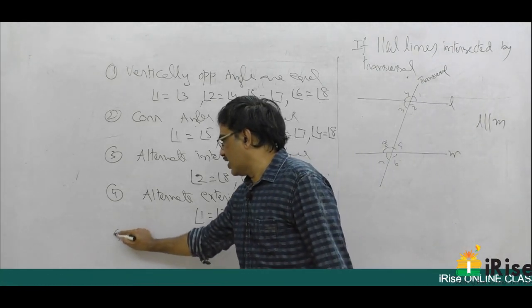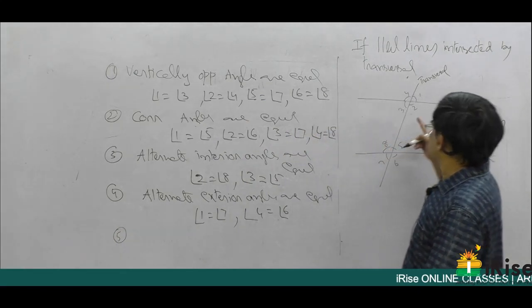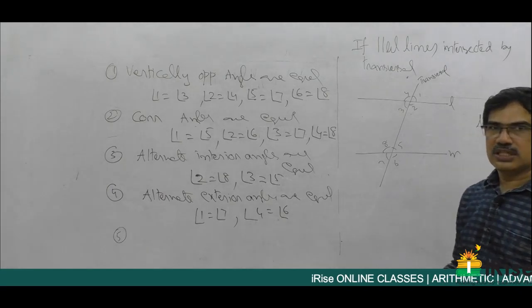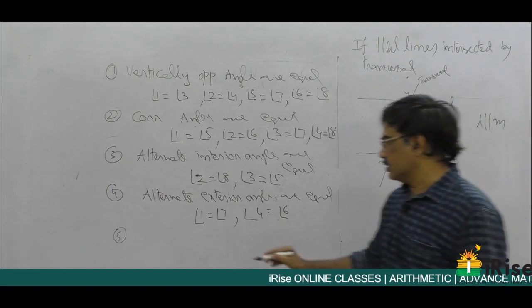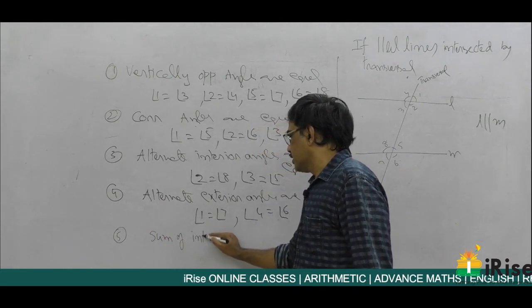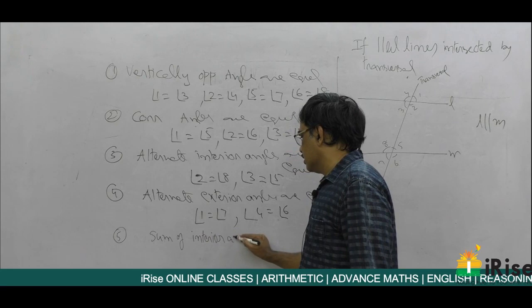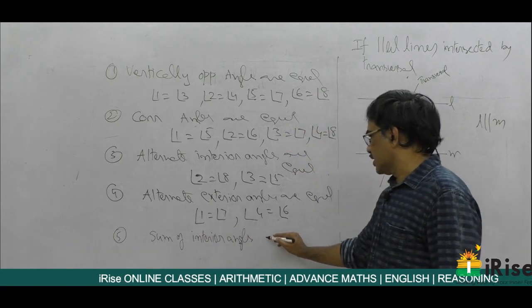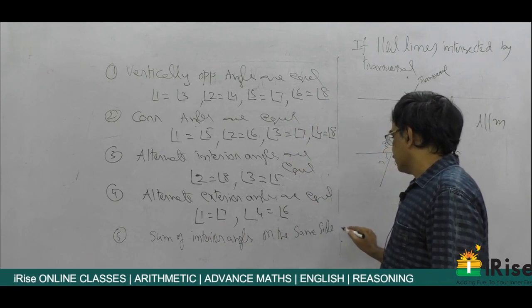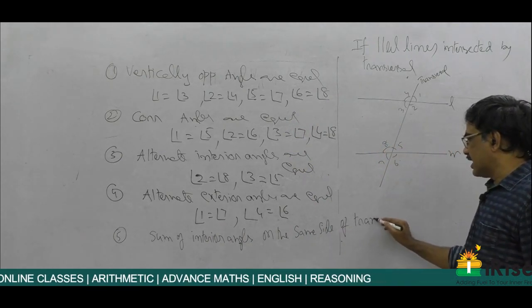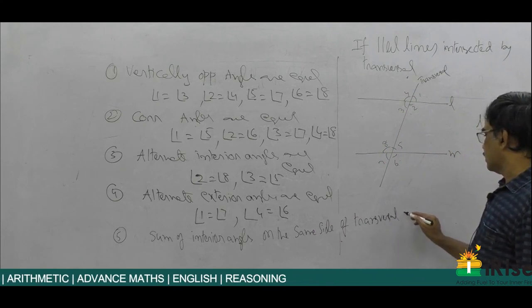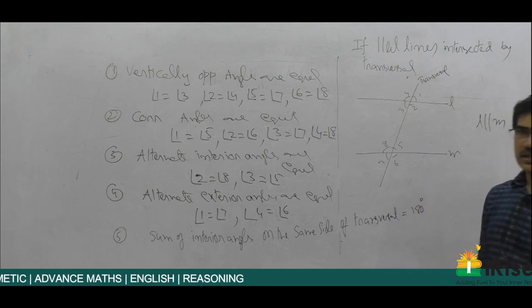And there is point number 5. The sum of interior angles on the same side of the transversal is equal to 180 degrees.